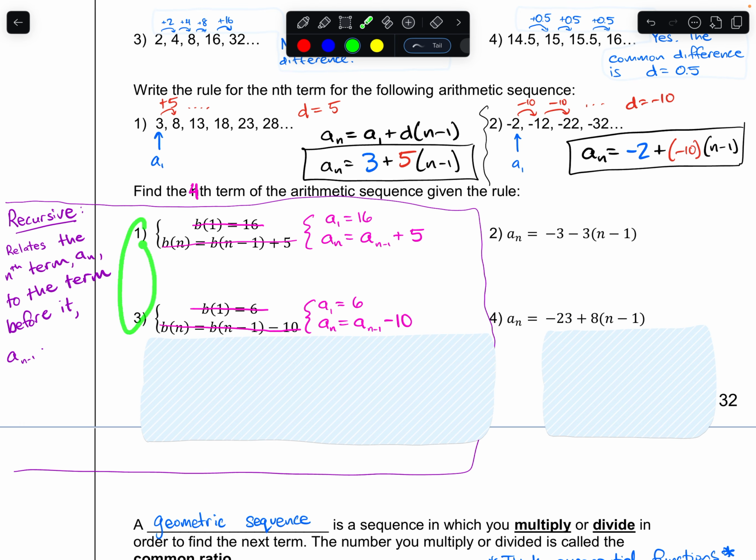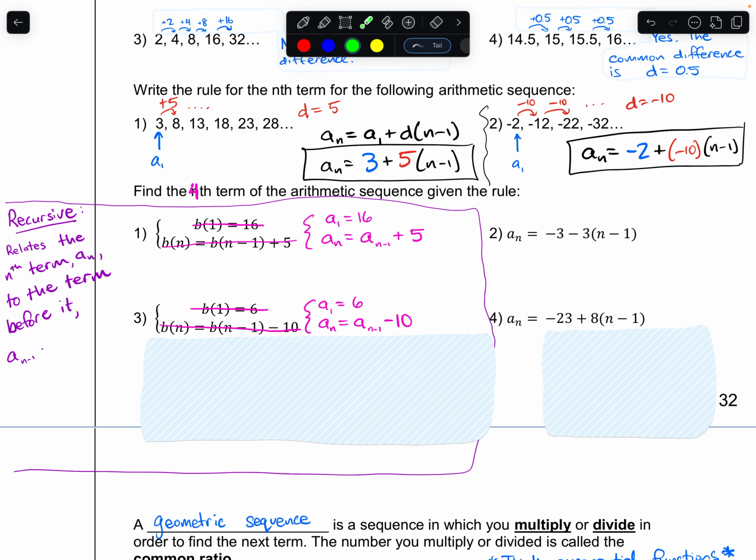But 1 and 3 have this a sub n minus 1. And so these are actually what we call recursive rules. You might see this in Khan Academy, and that's why I have included it in this lesson. For the most part, we're just going to work with the explicit rule in this class, but you should be familiar with what a sub n minus 1 means. Our recursive rule relates the nth term, which is just a sub n, to the term before it, a sub n minus 1.